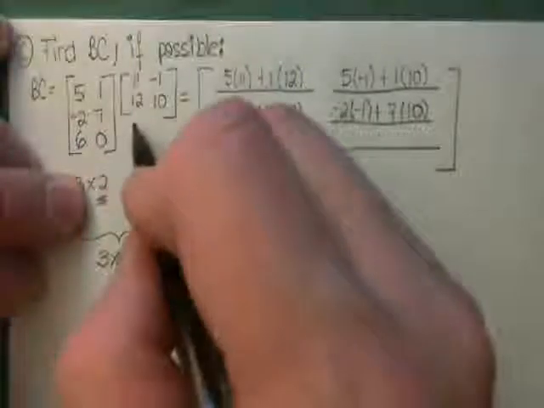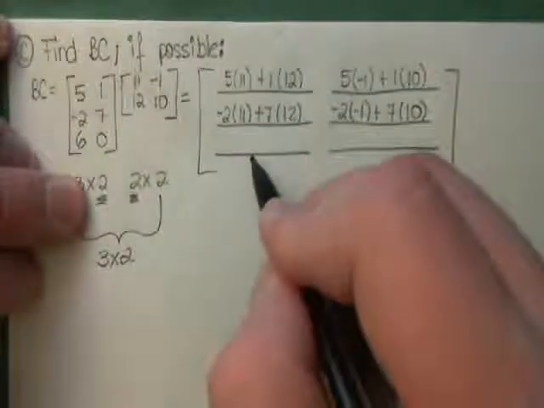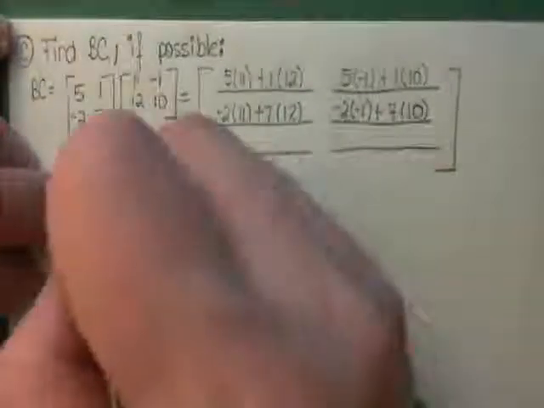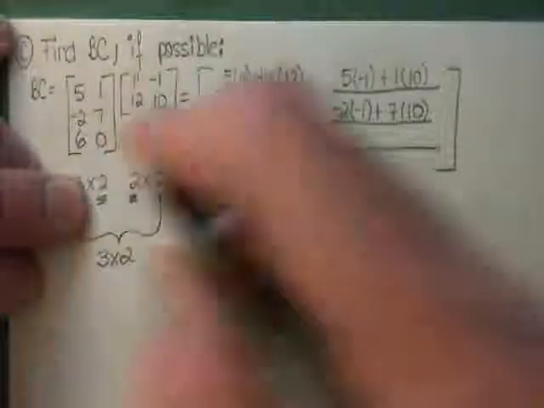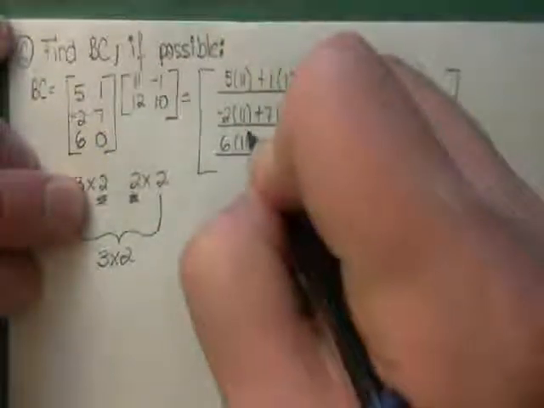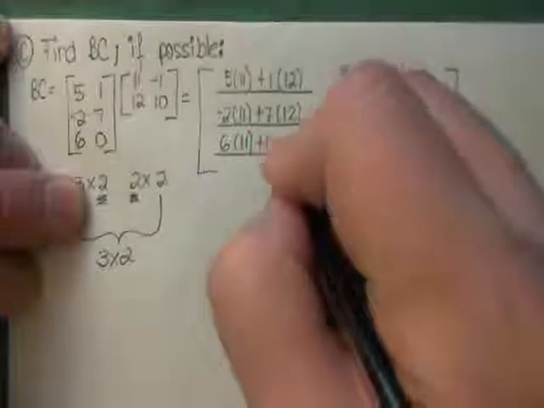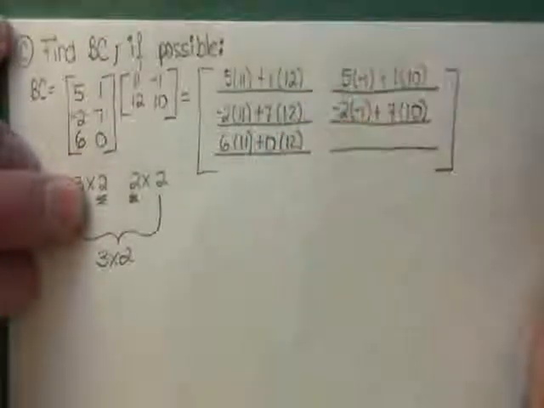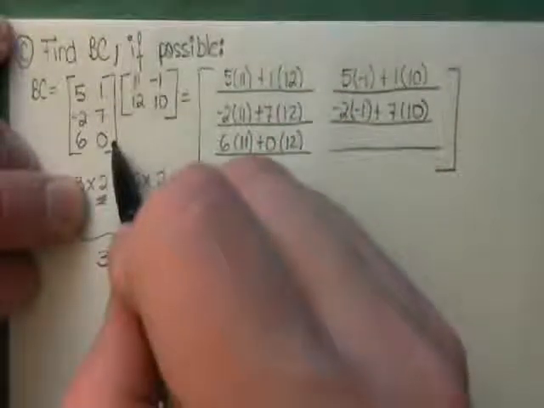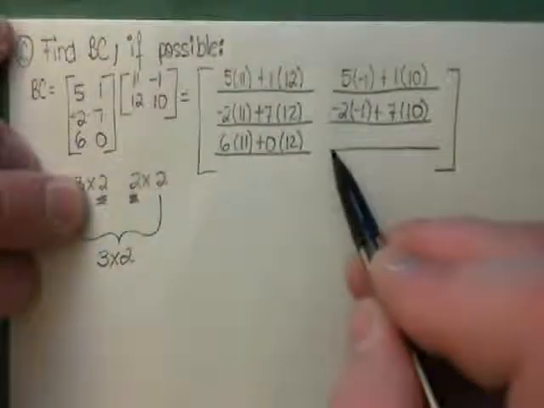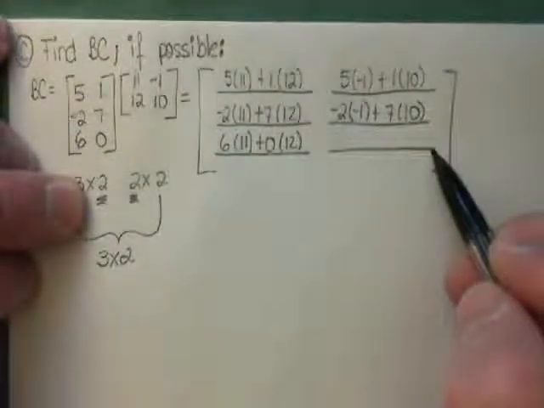And the last one is going to be row 3, column 1. So row 3, column 1, 6 times 11 plus 0 times 12. And the last one is going to be row 3, column 2.